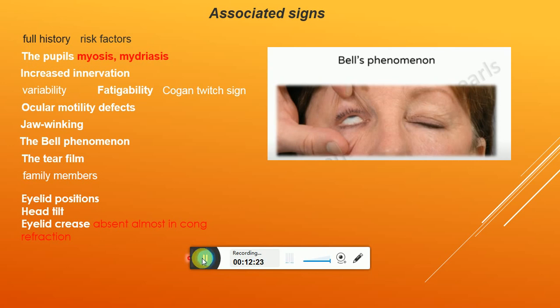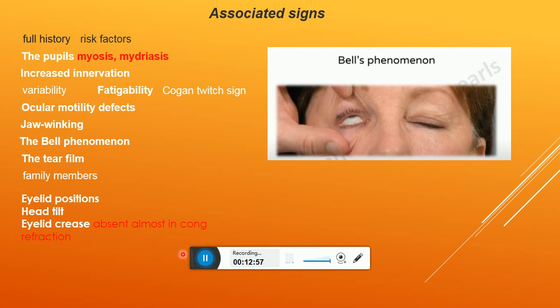So how is the Cogan twitch tested? The patient initially looks in down gaze, then is asked to look up. If there is overshoot of the upper lid, this is the Cogan twitch. Ocular motility defects, particularly of the superior rectus, must be evaluated in patients with congenital ptosis.